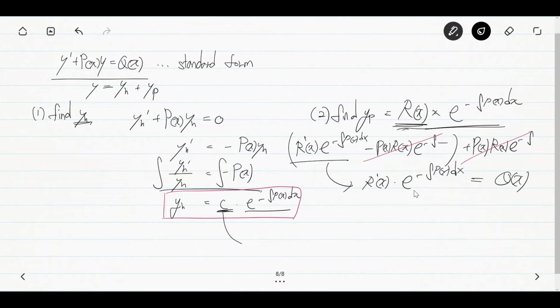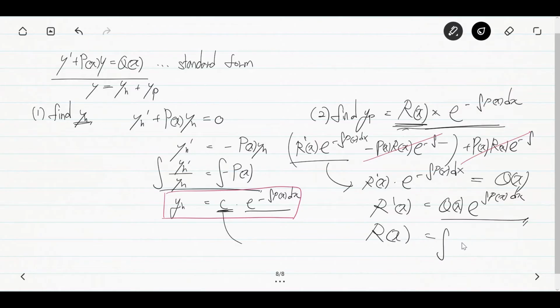By multiplying both sides by e to the power of the integral of p of x, we get r prime of x equals q of x times this. We're going to integrate this one more time to obtain r of x. There we go. We're not going to think about the integral constant at this moment.